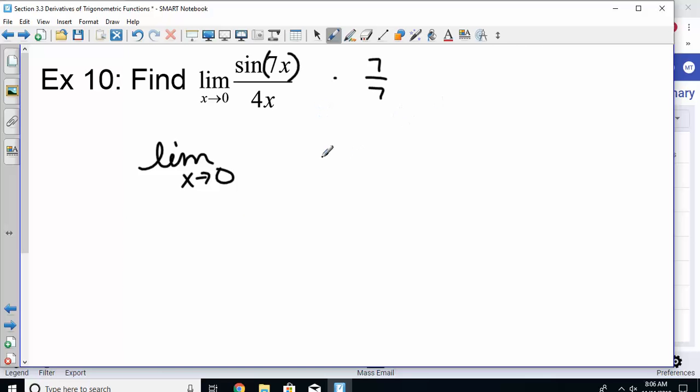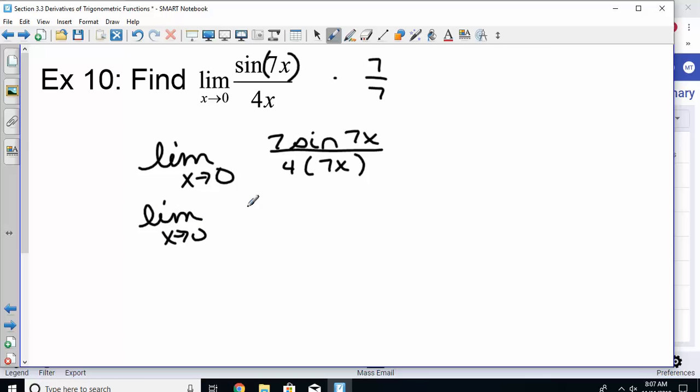So this gives me 7 sine of 7x over, I'm going to write this as 4 times 7x. Instead of actually multiplying the 4 and the 7, I'm just going to leave them separate. Because then I could separate this into the 7/4 times this piece.